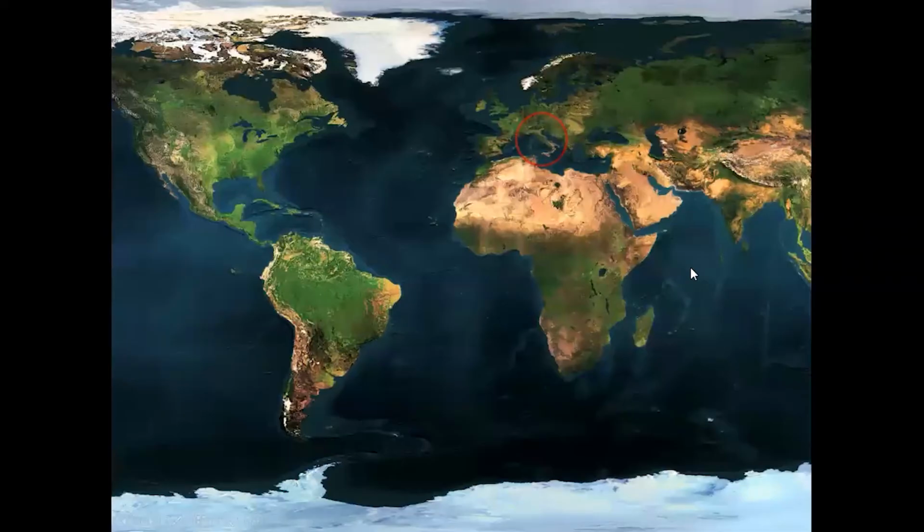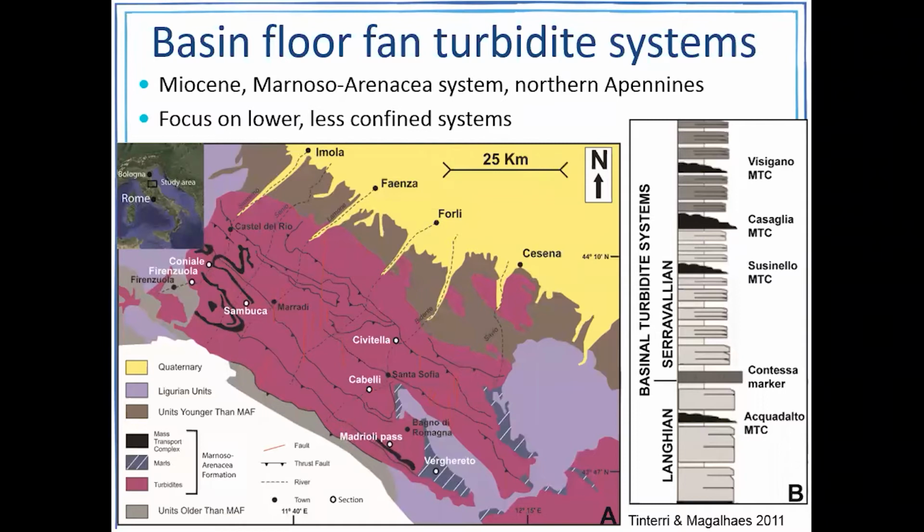And in order to look at one of these systems at outcrop, we went to Italy this time, in the Apennine foredeep, the deposits of which are now exposed in central Italy, of the Marnoso-Arenacea Formation, which is quite well known as an excellent representation of deep water sediments that were deposited in the foredeep to the developing Apennines.